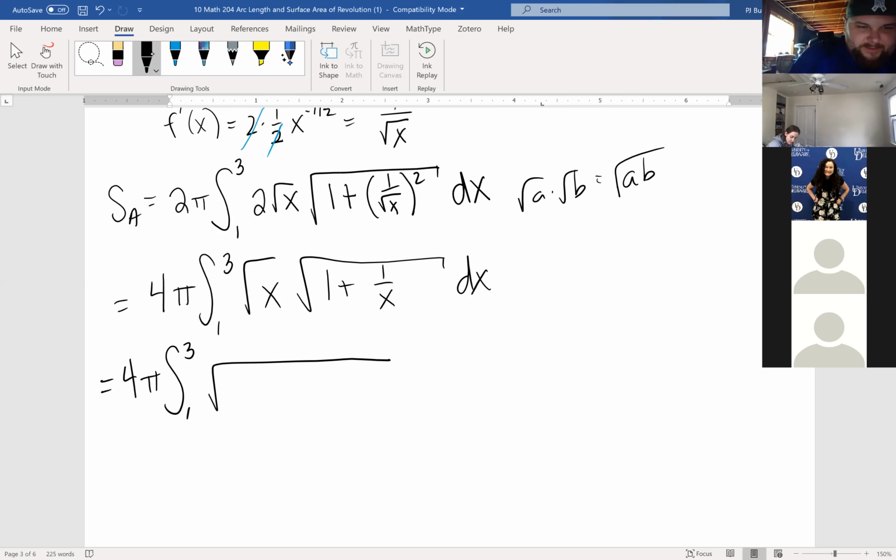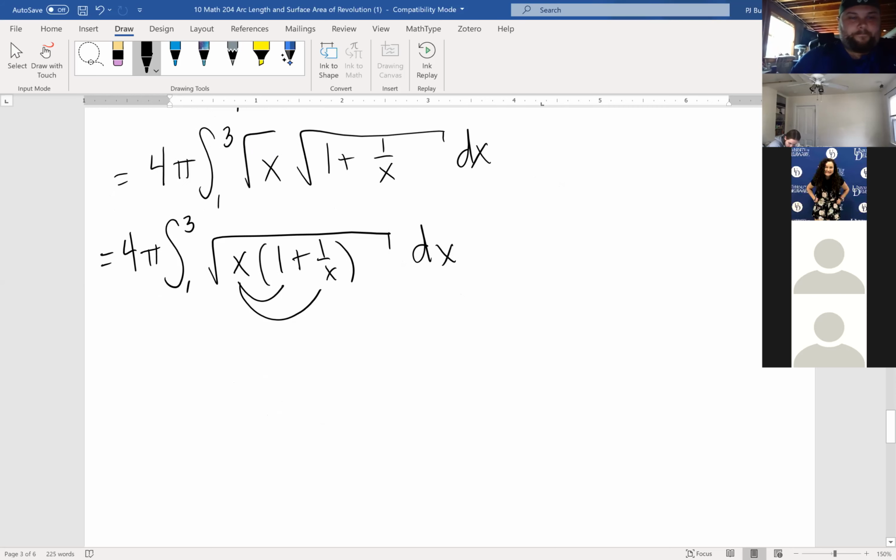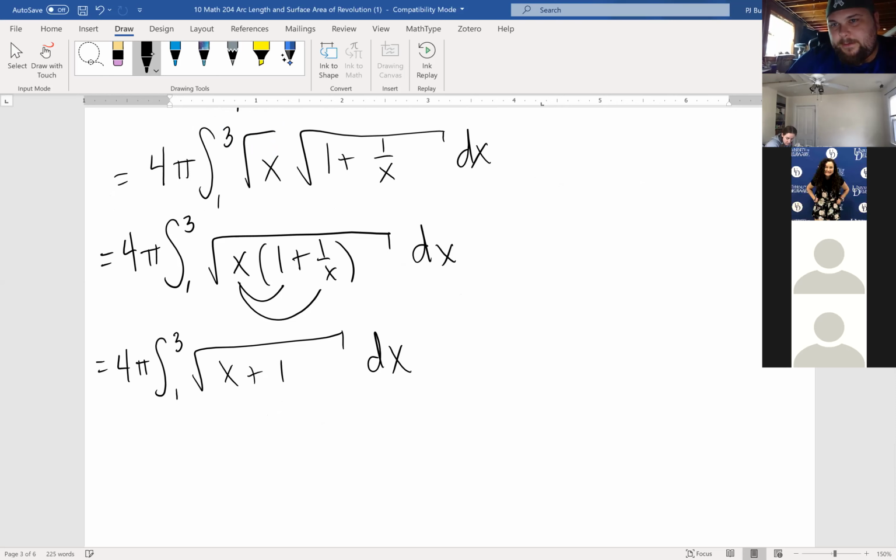So if we put these two things together, and then distribute that x, this is going to be x plus 1 dx. Now we can go ahead and work on solving the integral.